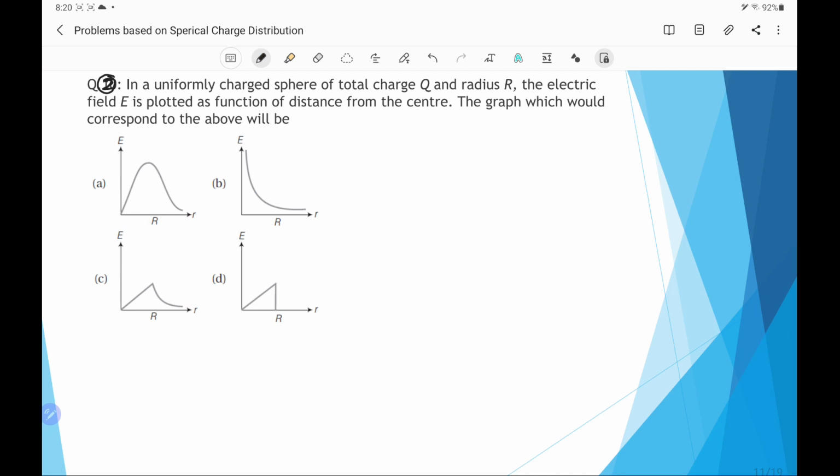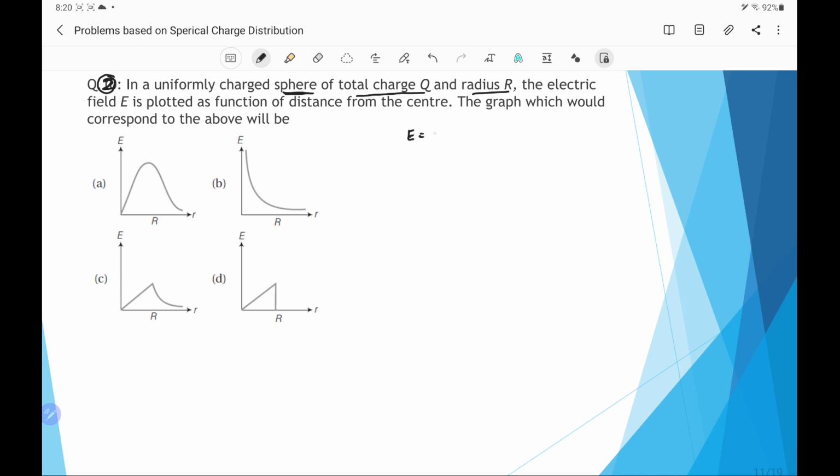Question number 2. In a uniformly charged sphere of total charge Q and radius R, the electric field E is plotted as a function of distance from the center. The graph which would correspond to the above will be. We have already done this in question number 1, that E for a charged sphere. Now this charged sphere means it is a non-conducting sphere, and charge is distributed over its volume.